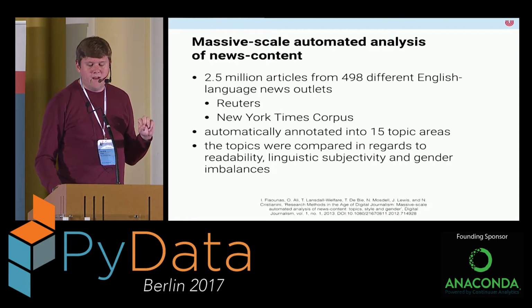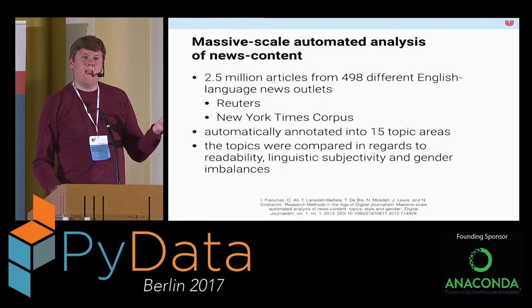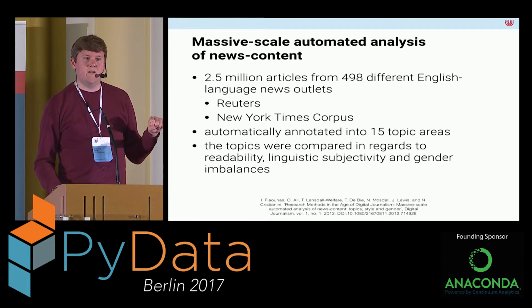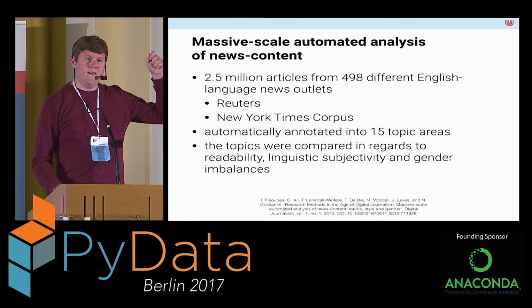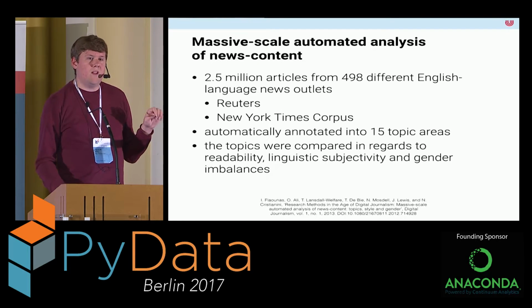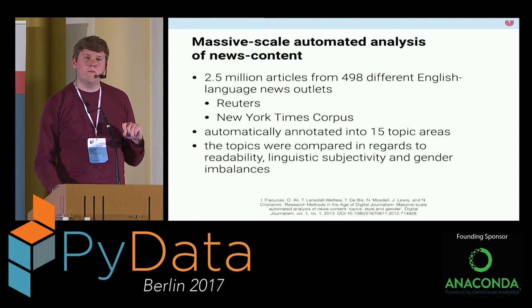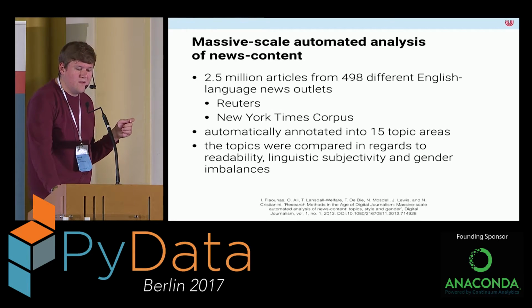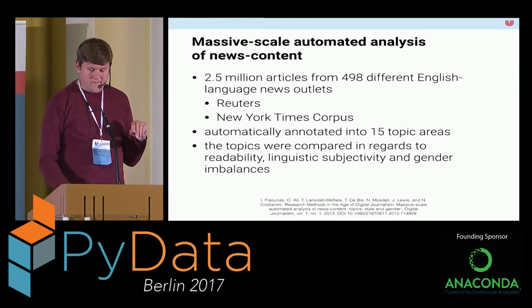Linguistic subjectivity, for that, they looked at the adjectives and the amount of adjectives in the sentences. Then they had a dictionary where they wrote down, for instance, happy is a very positive word, sad is a very negative word, and then they combined that.